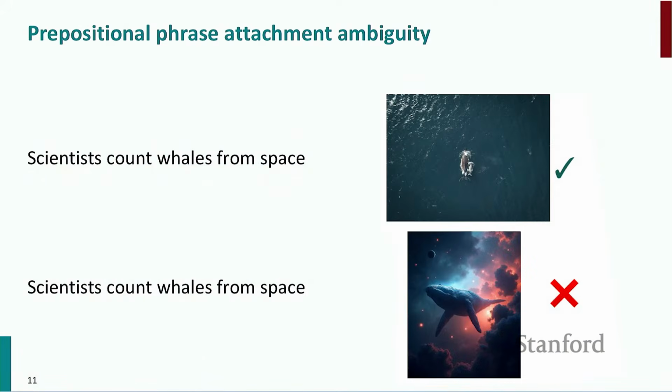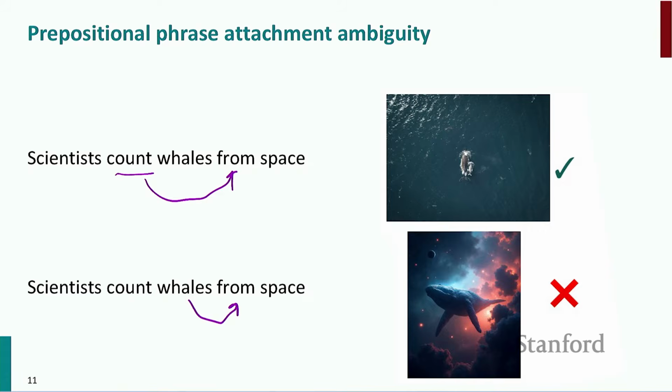Okay, so that corresponds to my two pictures here. In one picture, it's the counting that is happening from space, which is actually the right interpretation of what the article is about. But in the other interpretation, we have space whales, and the scientists are counting the space whales that are arriving or something like that. And so then we have the from space modifying the whales.